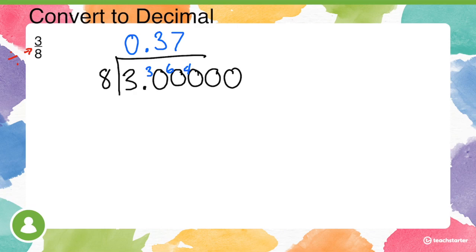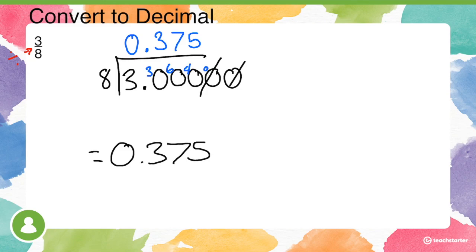And 8 into 40 goes 5 times, 0 left over. So I can just ignore those. So I've converted this fraction into a decimal, which is equal to 0.375. So that's the method you have to use if you can't convert the denominator.